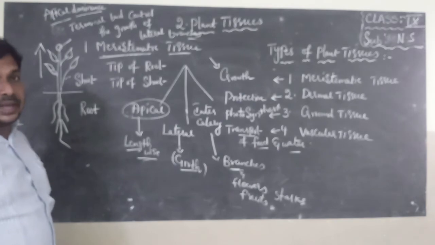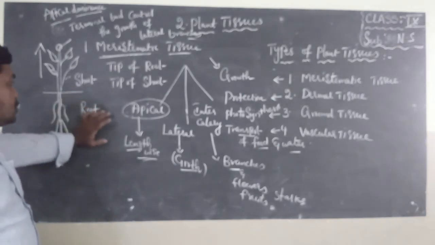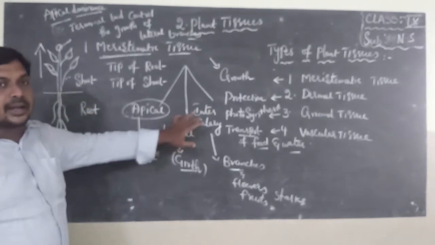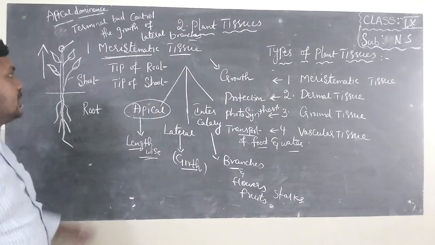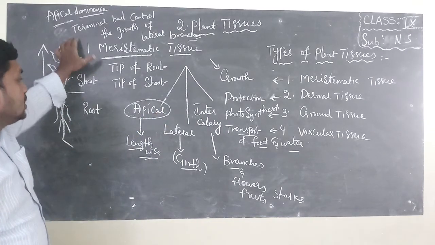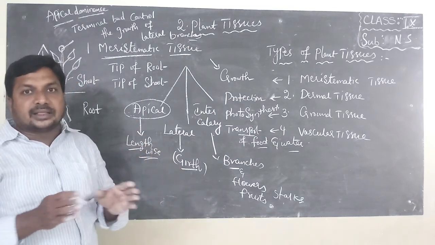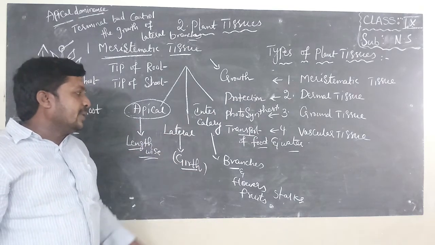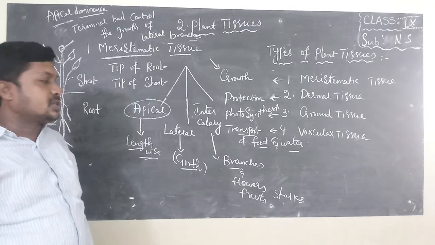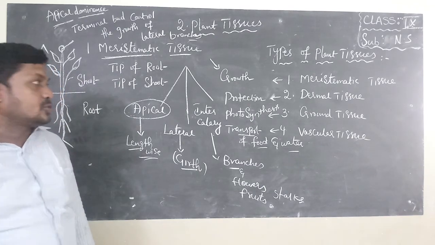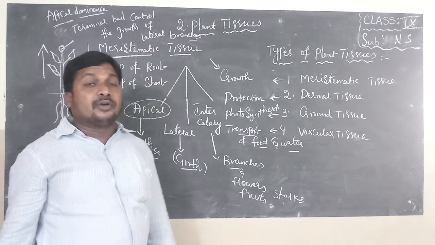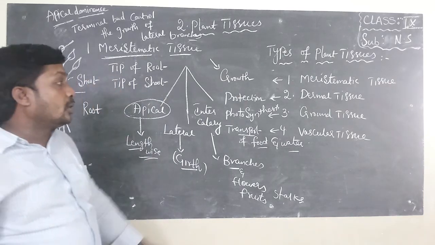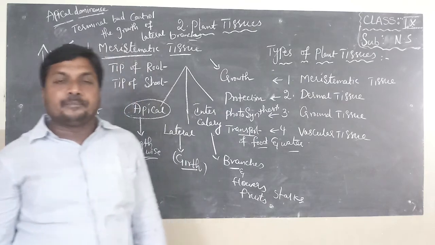There are three types: apical, lateral, intercalary. Apical controls the growth of lateral branches, called apical dominance. Lateral helps increase the width of the stem. Intercalary is helpful for production of branches, flowers and fruit stalks. So this is about meristematic tissue. In the next class, I will draw the diagram which shows the 4 tissues in plants. Okay. Thank you, children.